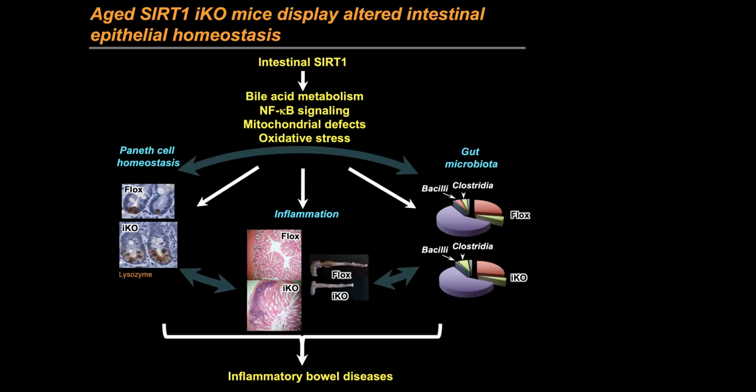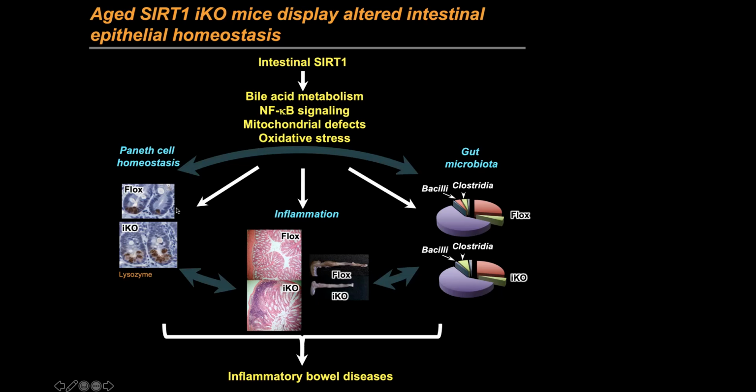So interestingly, when these mice get older, we start to see additional phenotypes in addition to bile acid metabolism. For example, at the molecular level, these intestinal SIRT1 knockout mice start to have increased NF-kappa B signaling, defective mitochondrial metabolism, and increased oxidative stress.